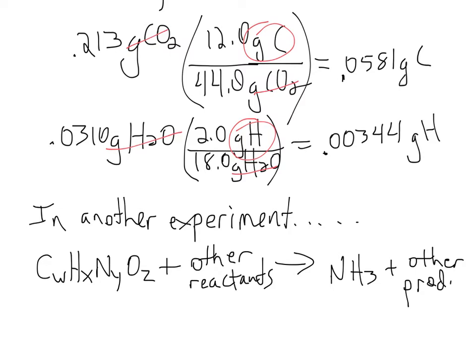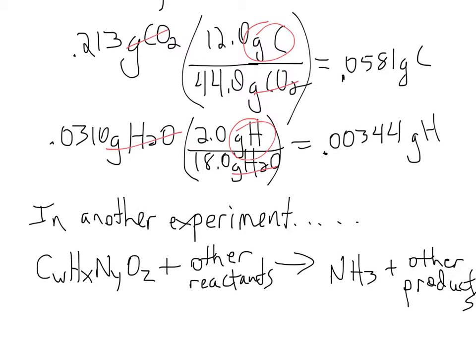But you know what? It doesn't matter what those other reactants and those other products are. Because if you look in the parenthetical reference in the problem, they say also assume that all of the nitrogen ends up in NH3 in the second experiment.